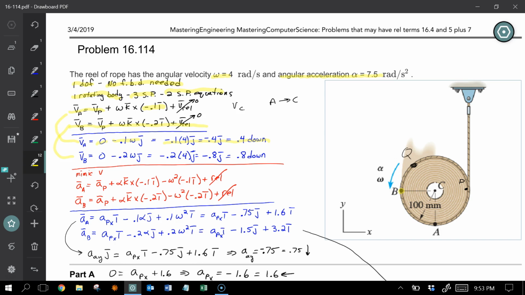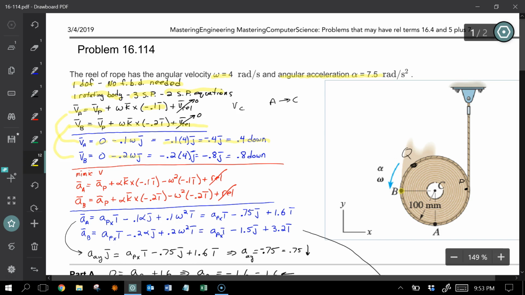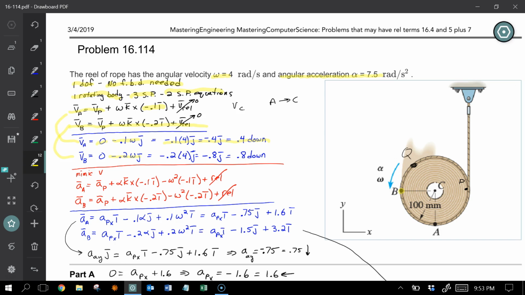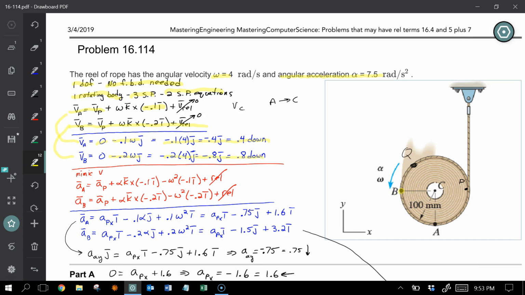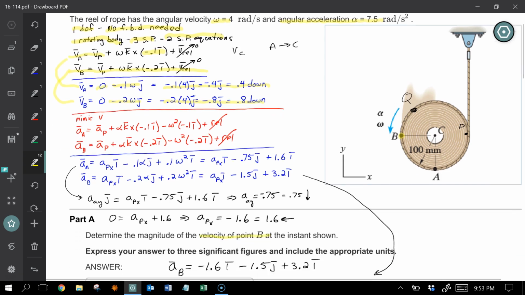You do the cross product, you end up with this negative 0.2 omega J. And then just simplify a little bit, boom, you end up with that being a negative 0.8 J. The 0.8 is the speed, and the negative J is the direction. Negative J is down.